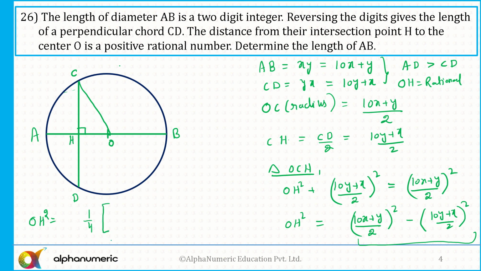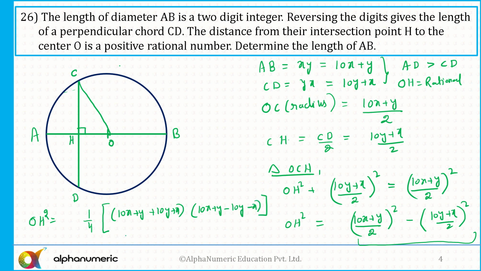So a squared minus b squared is equal to a plus b into a minus b. I can see here that is 10x plus y plus 10y plus x. Or you can take the difference also. So what will I get here? That is 10x plus y plus 10y plus x, that is a plus b, into a minus b, that is 10x plus y minus 10y minus x.